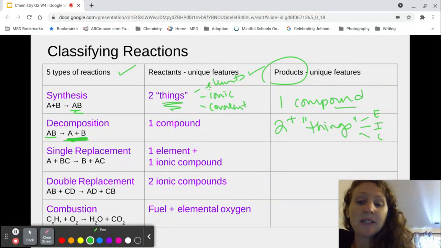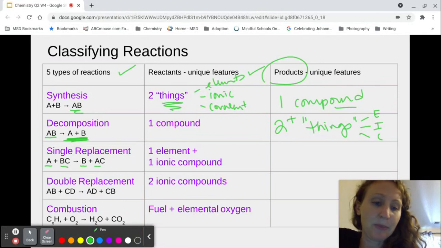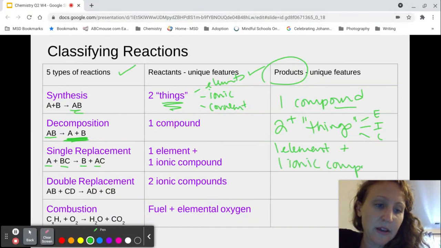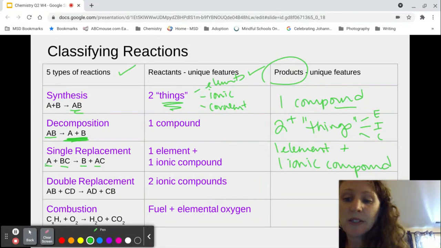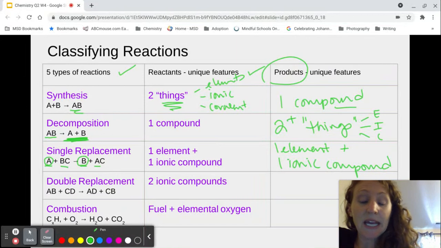Okay, single replacement reactions. Notice that you started with an element and an ionic compound. You're going to end with an element and an ionic compound also. But you're going to end with a different element. Notice we started with element A. We're going to end with element B. Where did element A go?